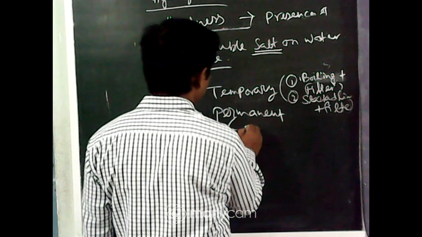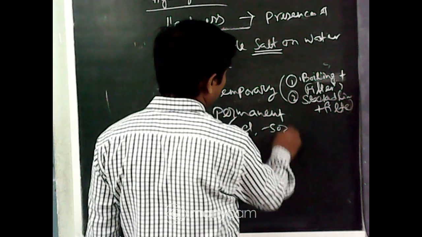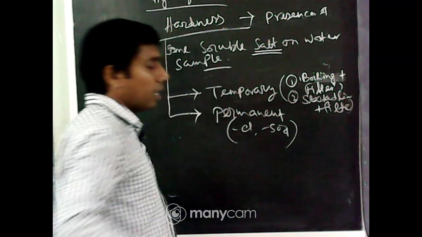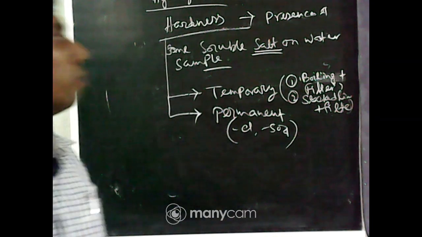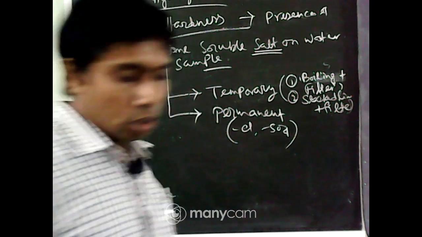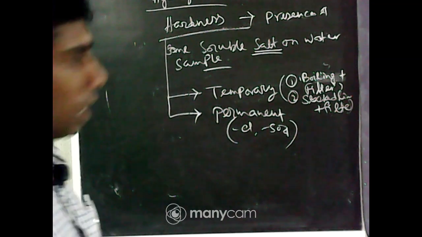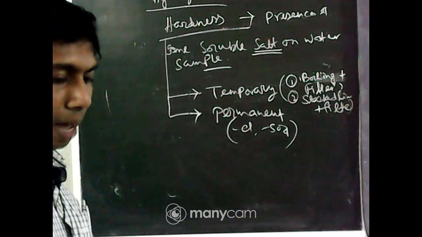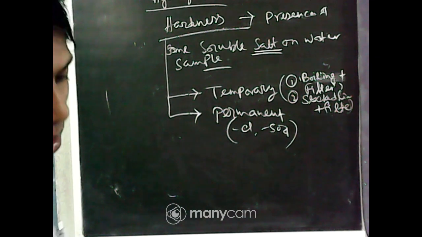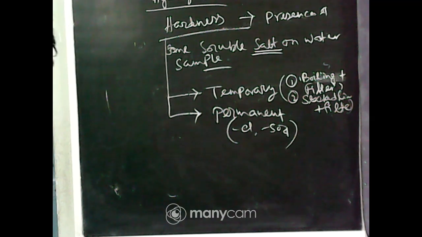Now, I have told you that permanent hardness is due to the presence of chloride and sulphate, Cl and SO4. These chlorides and sulphates cannot be removed easily. So, to remove such anions from the water sample, we have to follow some basic methods.